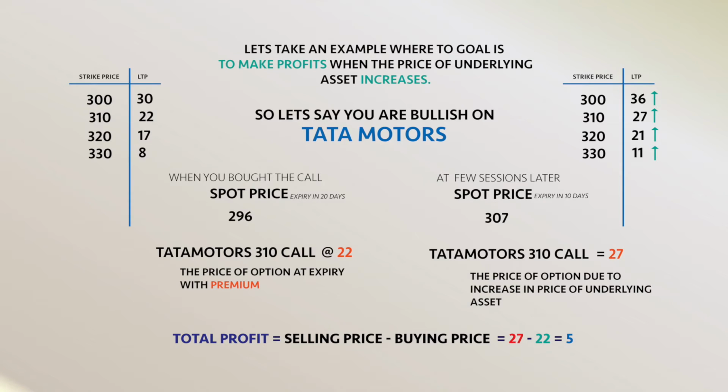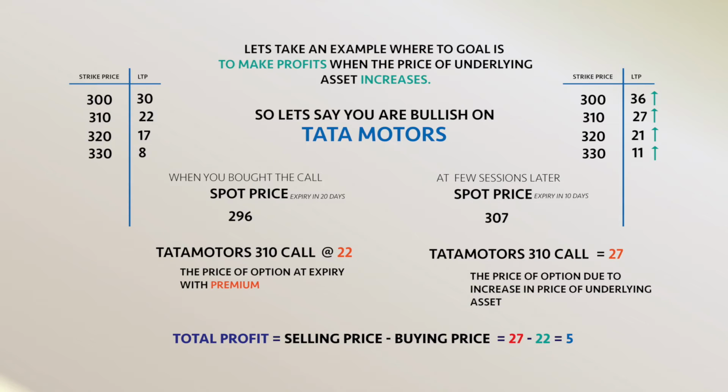So now, after 10 days, the price of Tata Motors has increased from 296 to 307. तो basically आपका Tata Motors का share 11 rupees बढ़ गया, which is a good thing because you were bullish on Tata Motors. So on the right hand side, you will see the new strikes and the new last traded price.